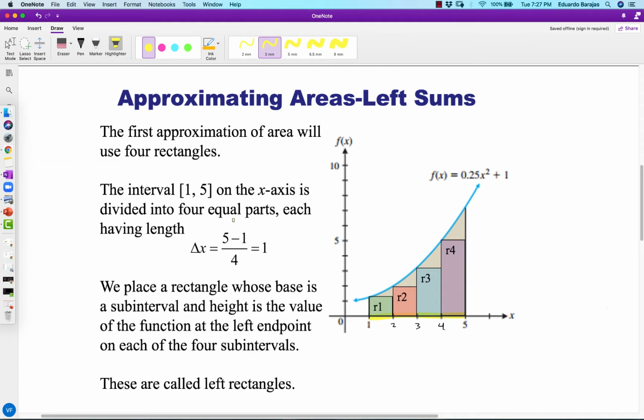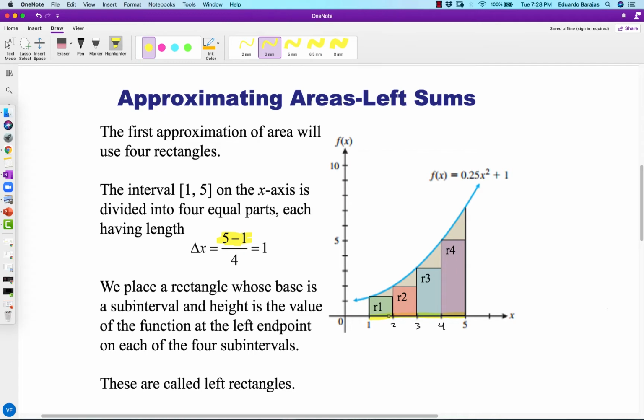We're going to take that space between 5 and 1, which is 4 units long, and divide it by 4 because we chose to do 4 rectangles to begin with. So that gives you a 1. If, on the other hand, we decide to do 6 rectangles or 10 rectangles, then we would divide by the appropriate number so we can figure out the width of each one. Right? So we have equally spaced out values.